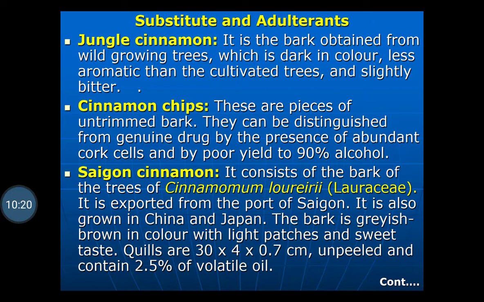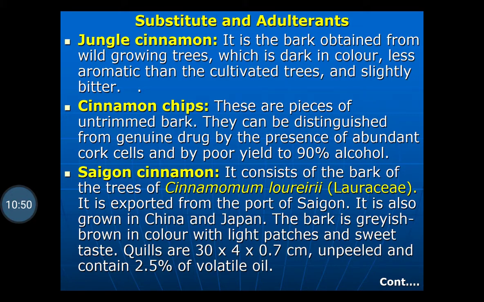Substituents and adulterants used in case of cinnamon: jungle cinnamon is bark obtained from wild growing trees, which is dark in color, less aromatic than the cultivated trees, and slightly bitter in taste. Cinnamon chips, that is the small pieces of cinnamon, are of low grade, so they are used for adulteration or substitution.